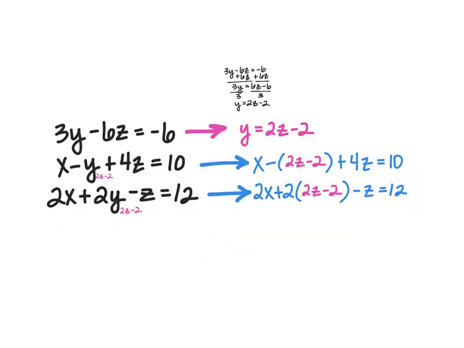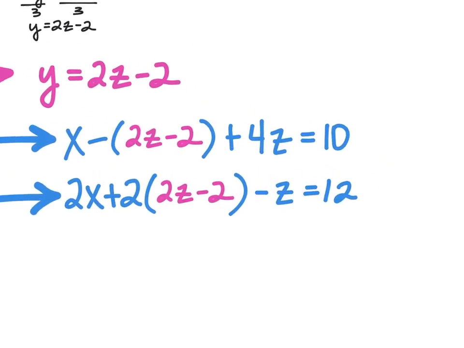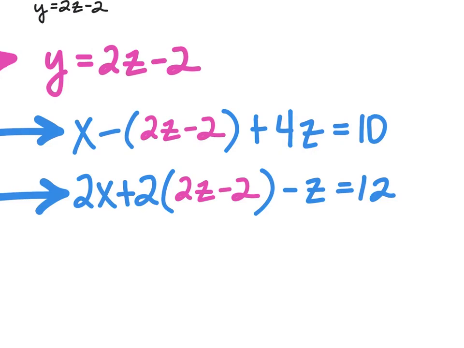Step two is to substitute that expression into the other two equations, and then we're going to simplify and we'll get a subset that we want to solve for both of its variables.